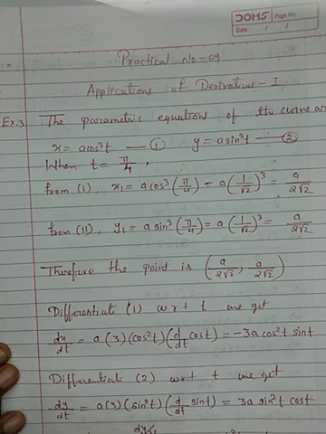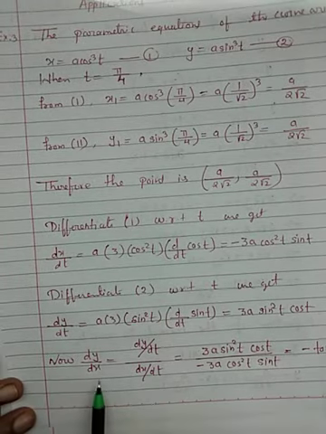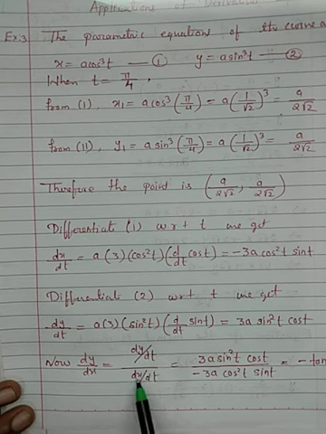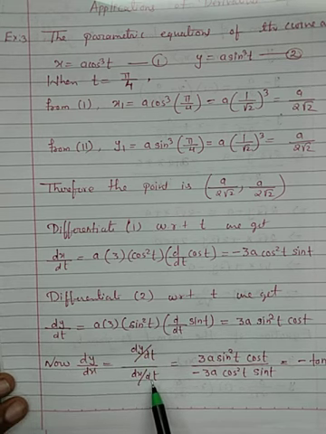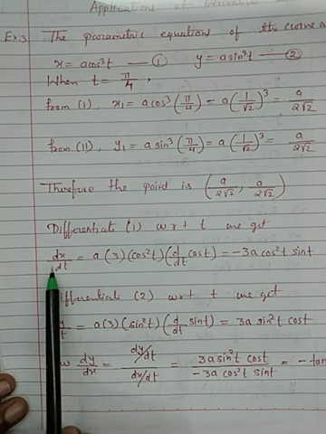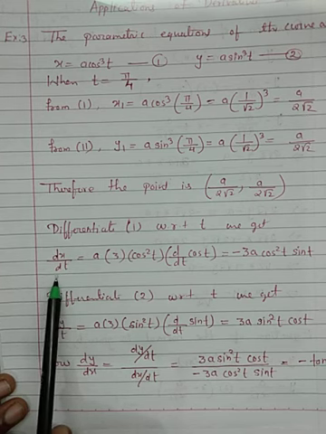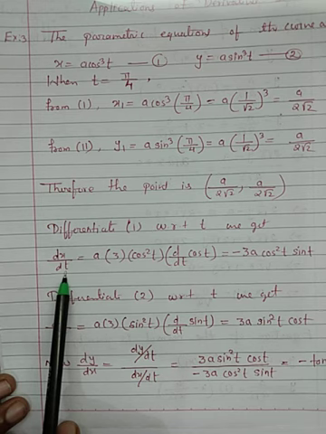Now we want to find dy by dx, and dy by dx equals dy by dt upon dx by dt. It means first we will find dy by dt and dx by dt. I have solved here dx by dt, the derivative of x with respect to t.